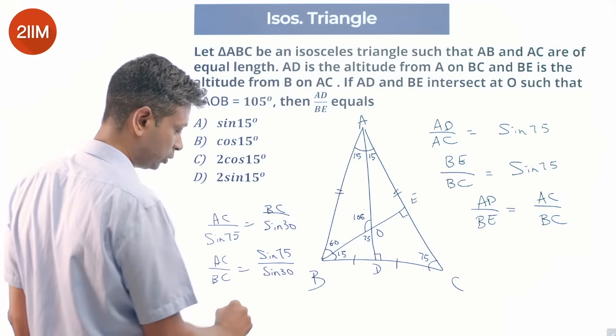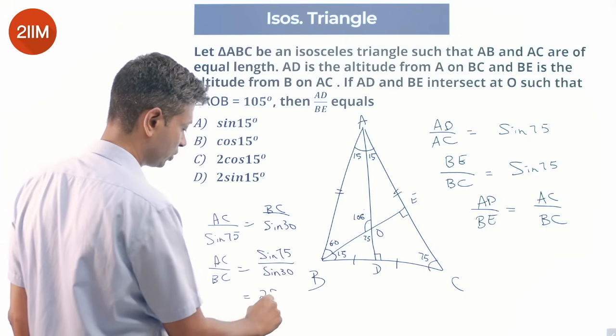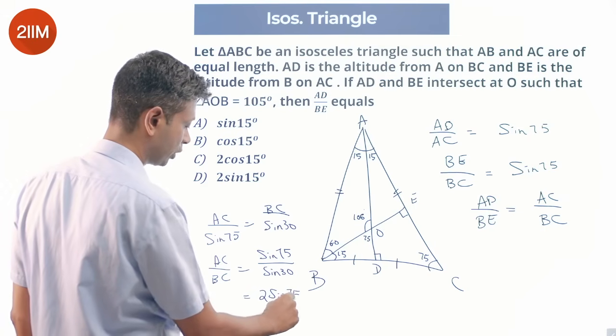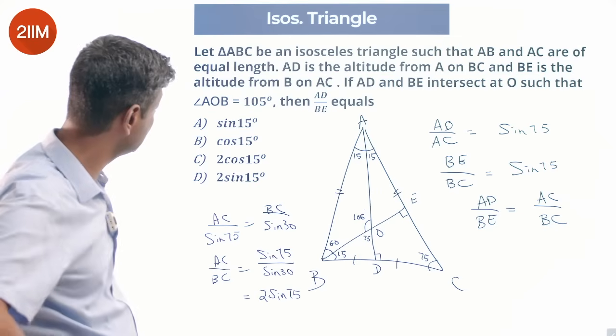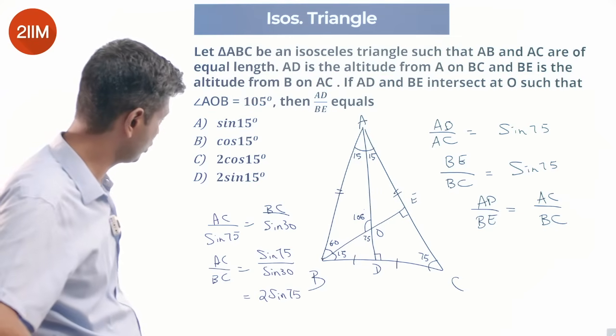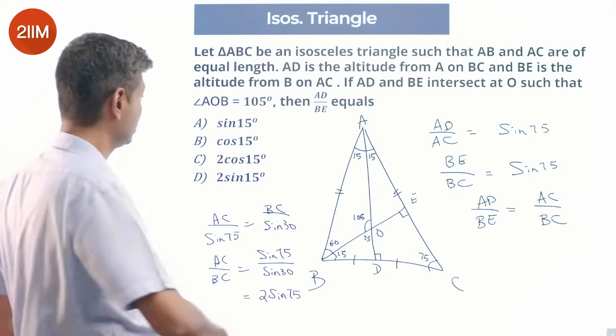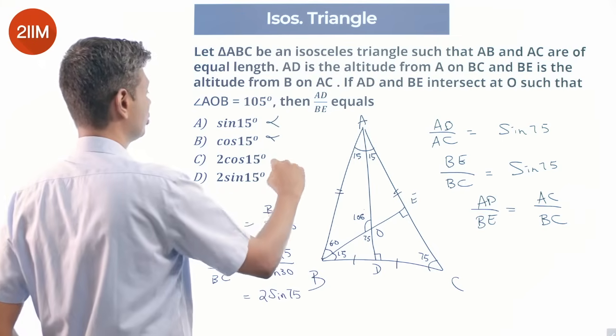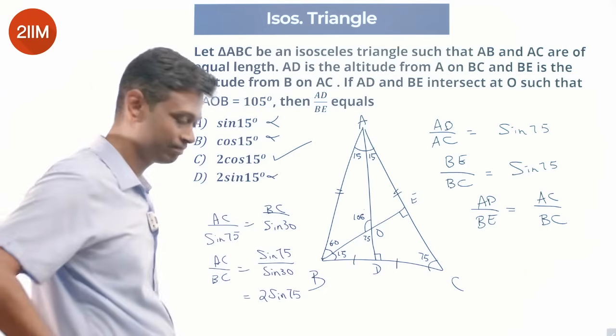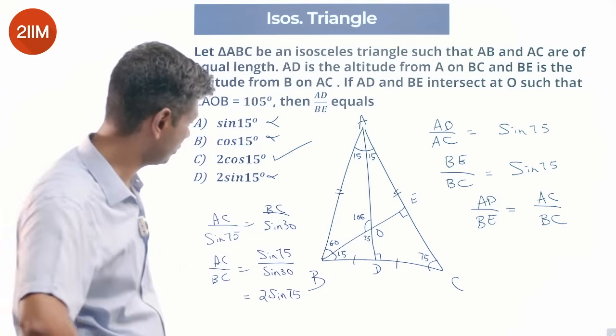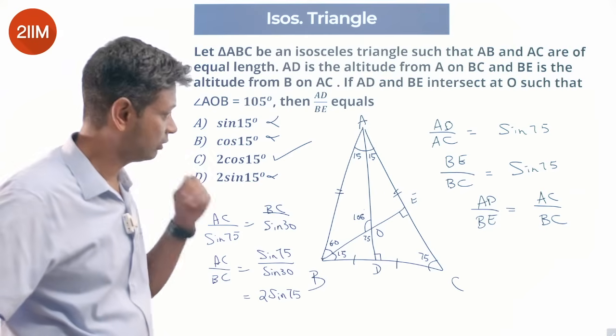Sine 30 is 1 by 2, so this is 2 sine 75. What we are looking for is 2 sine 75. It's not sine 15. Sine 75 is cos 15, that I know. It's 2 cos 15, we are through. 2 sine 75 is 2 cos 15. Sine 75 is cos 15, we are through with that.